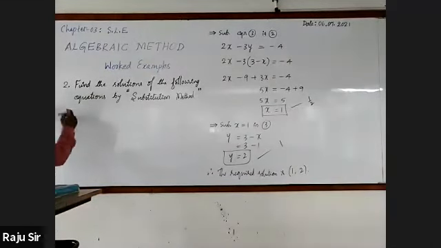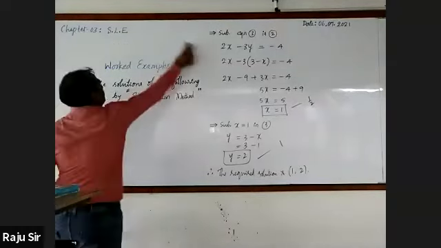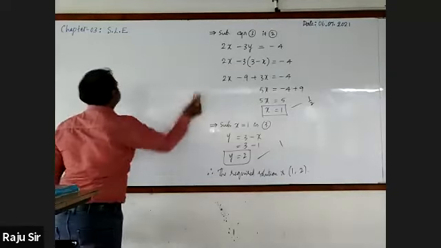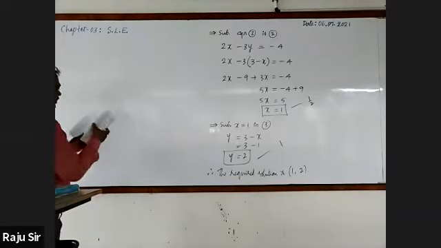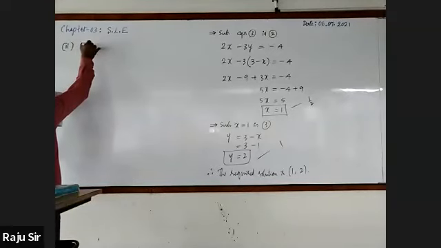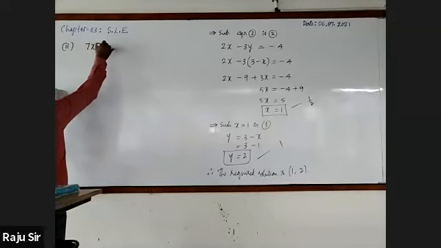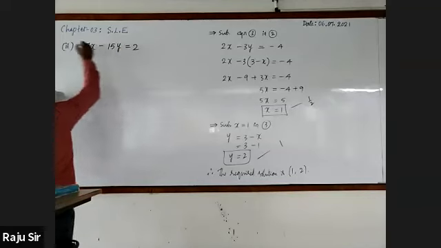Second sub-question is 7x minus 15y is equal to 2.